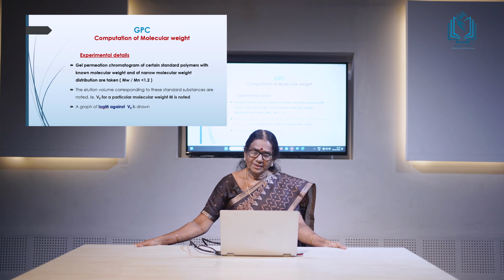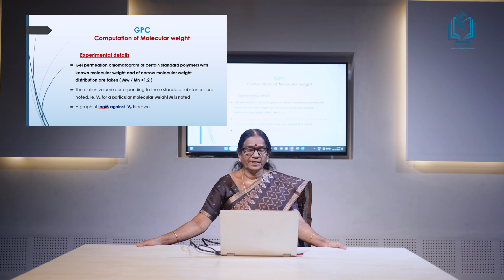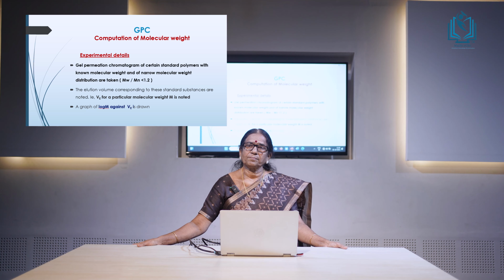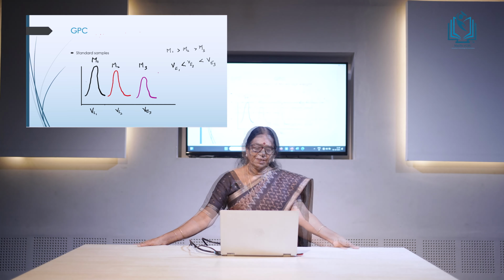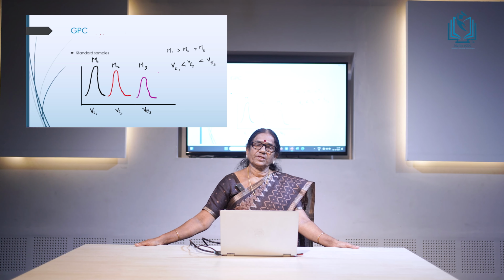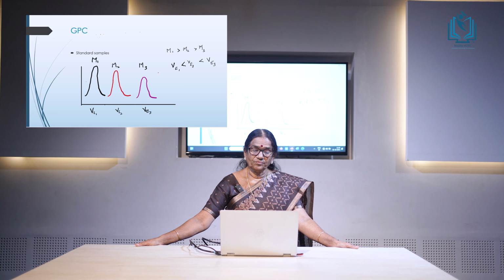So, we will have a relationship between VE and molecular weight, that is, for each molecular weight we will have a particular VE. This graph shows that M1 is the molecular weight and that sample requires VE1 as the elution volume.